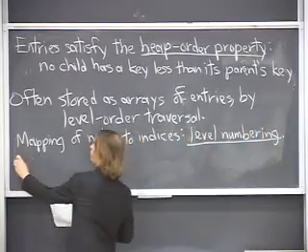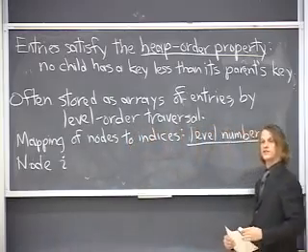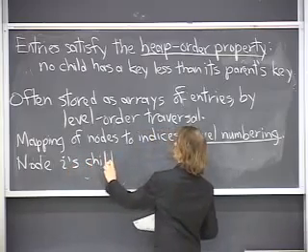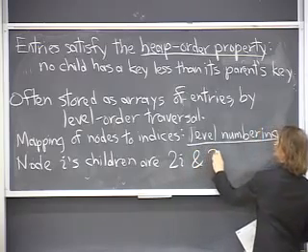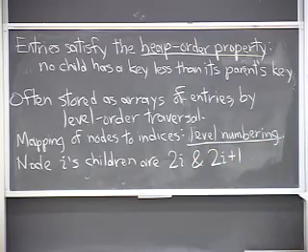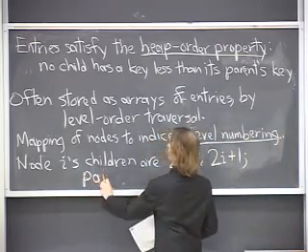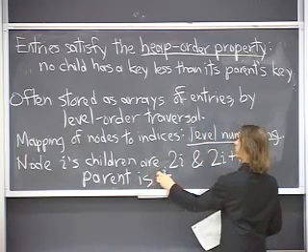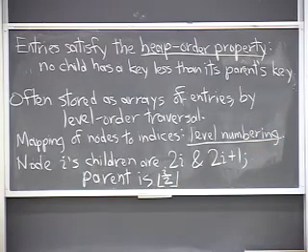Specifically, if you want to know about node i, what are its children and what is its parent? Well, node i's children are 2i and 2i plus 1. And i's parent is i over 2 rounded down. So if i is odd, you round down, which happens to be what Java does when you divide an integer by 2 anyway.